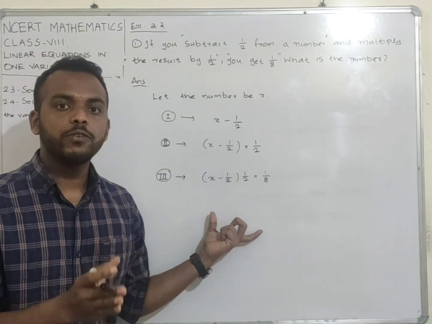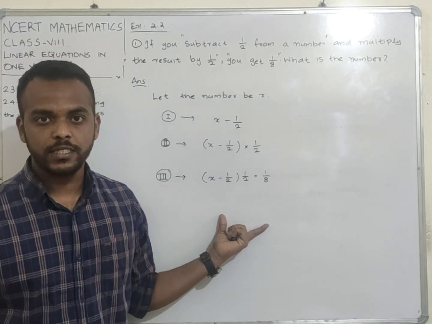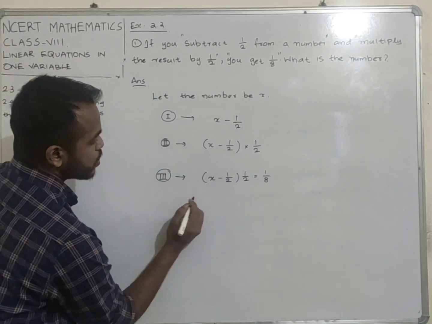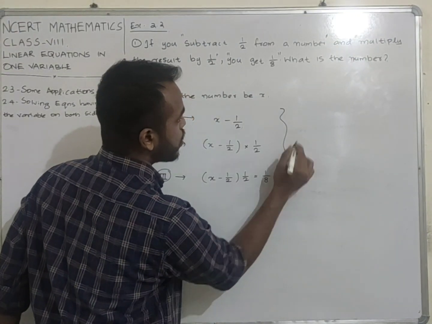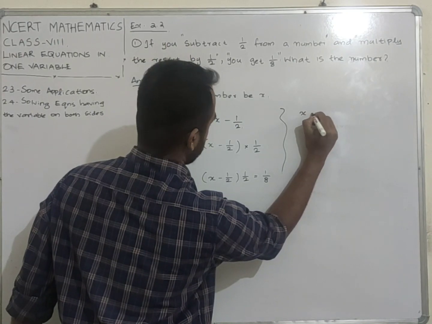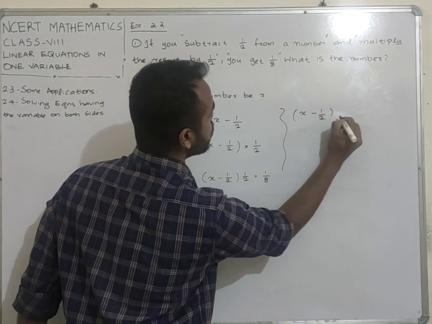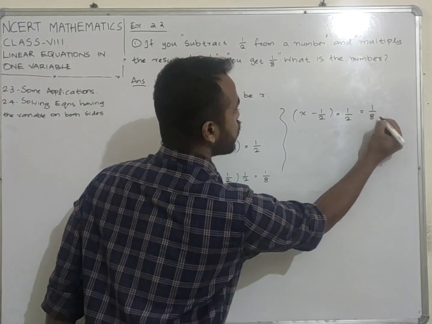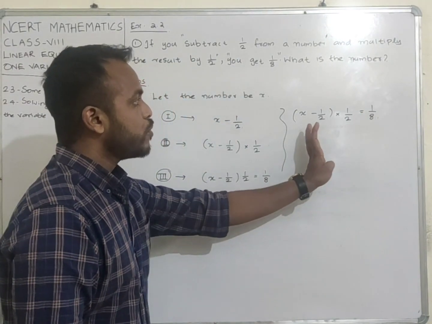You have learned in your last class how to solve any equation to find the value of the unknown quantity. We are going to do the same. So, I am going to repeat this one here. x minus 1 by 2 into 1 by 2 is equal to 1 by 8. I hope you know how to do this.